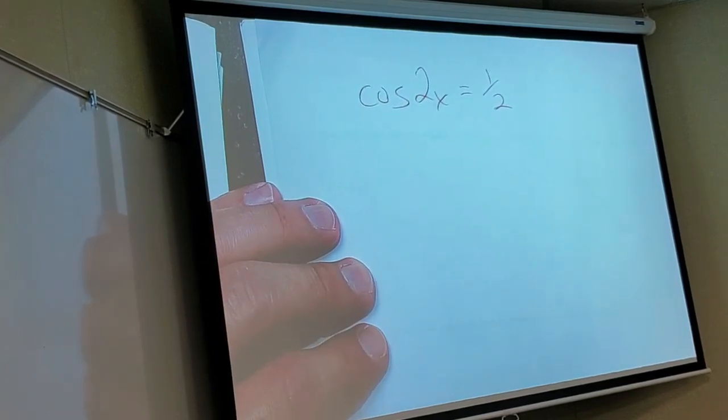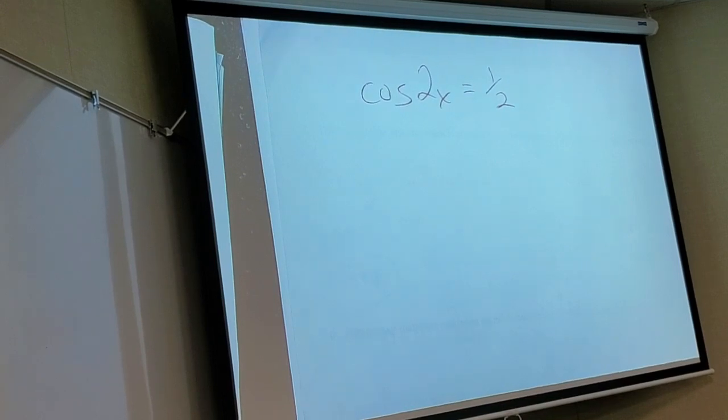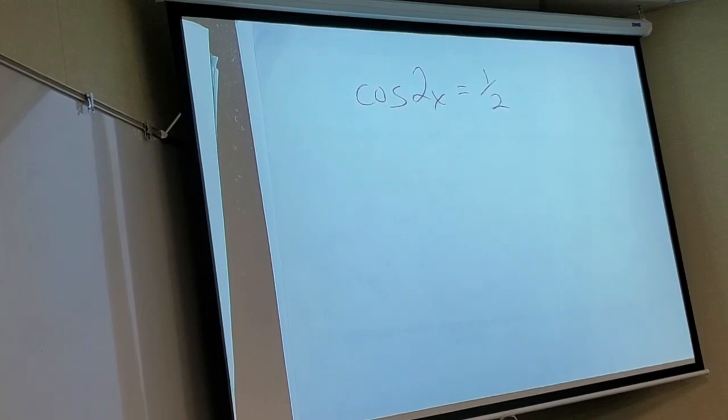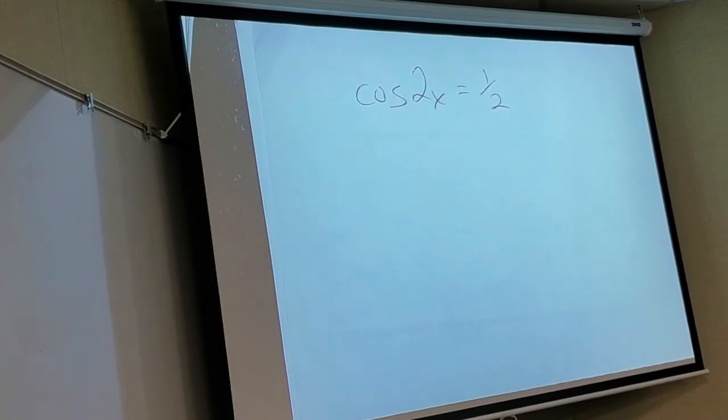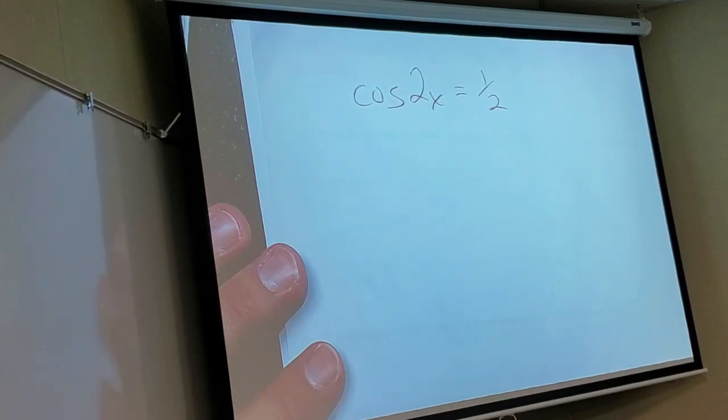How would you do it? Cosine of 1/2. Not cosine of 1/2, but cosine of what is 1/2? What angle does that relate to? Cosine of what angle is 1/2? 60. Pi over 3. Good, you're both right. 60 degrees, pi over 3.